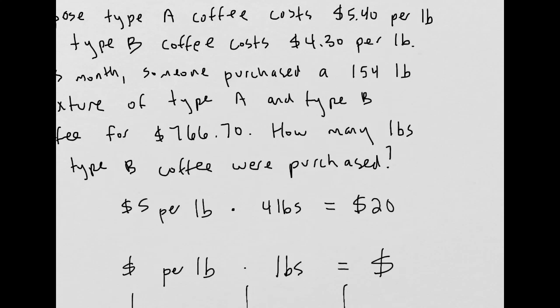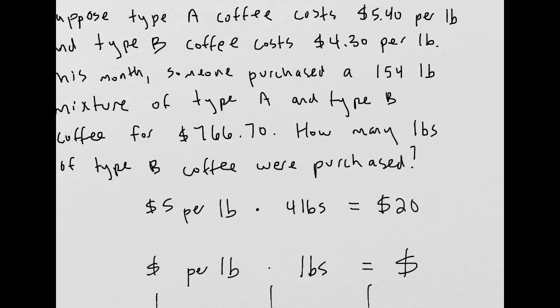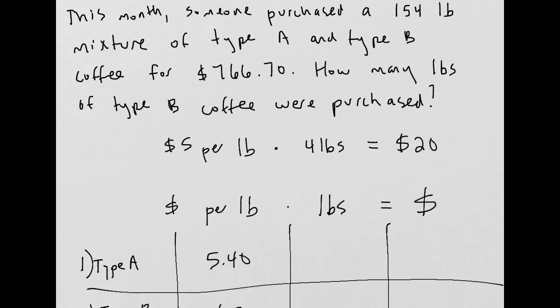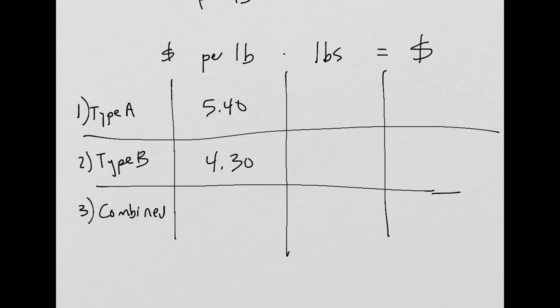Another number they give me is that there's a 154-pound mixture. That's not for just A, and it's not for just B, it's for the combined. So the 154 pounds is going to go under my pounds column, in the combined row.